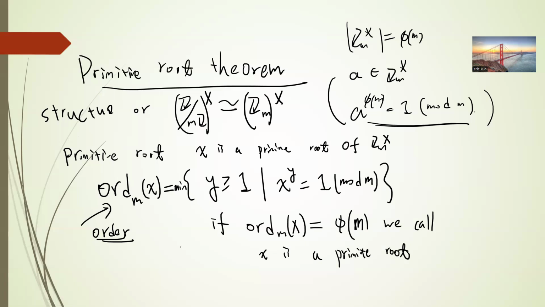Obviously any order of x must be a factor of phi(m), but it's not certain whether they are equal or not. Let's do some simple examples.